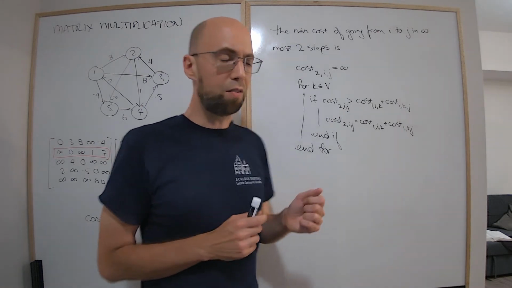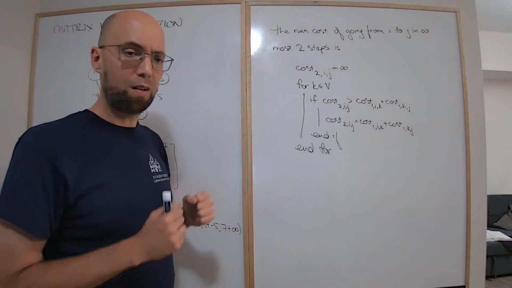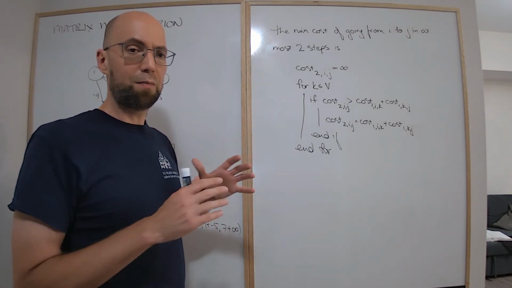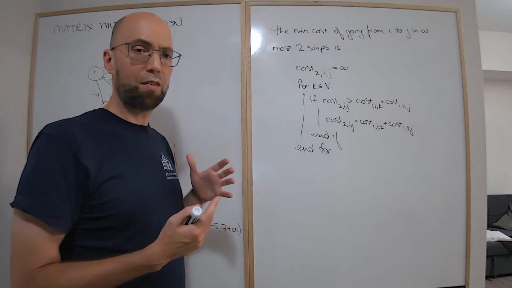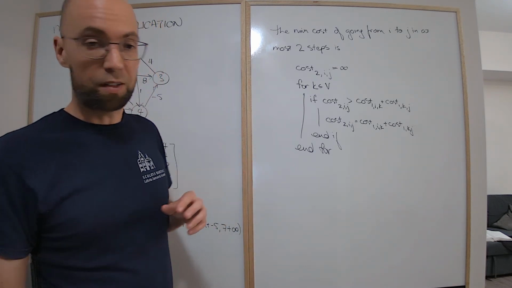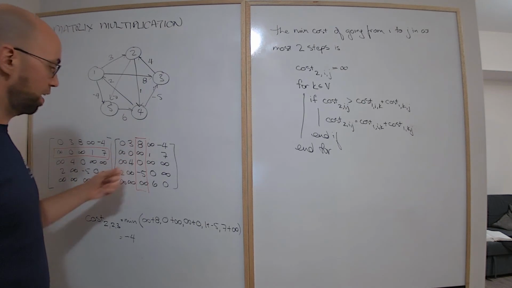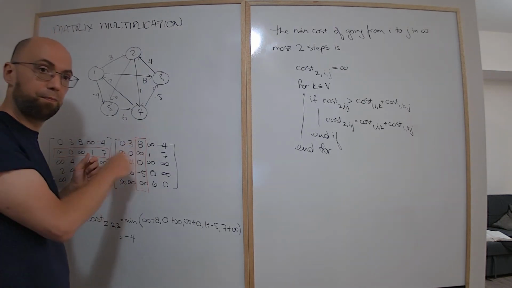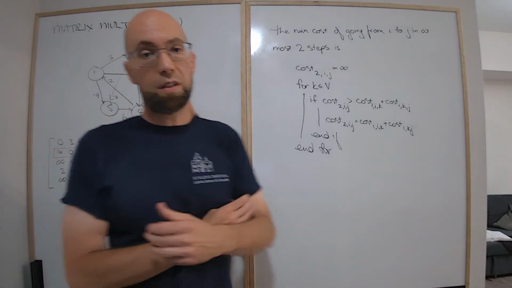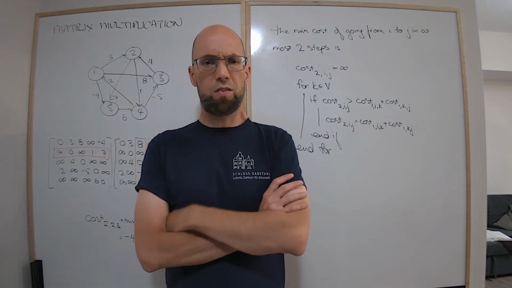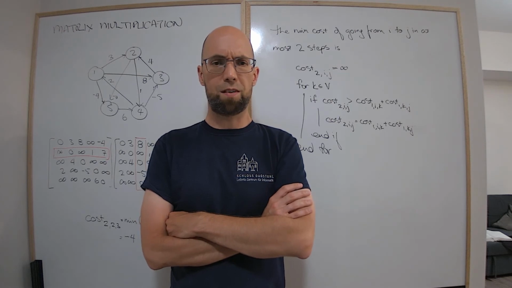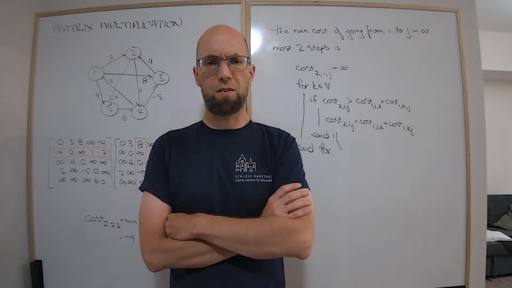So assuming there's no negative weight cycle, all of the shortest paths between any two things are going to be of length at most n. So I just have to take the nth power, do this n times, and that's going to give us n to the 4, which is as bad as running Bellman-Ford from every vertex. So that's annoying.